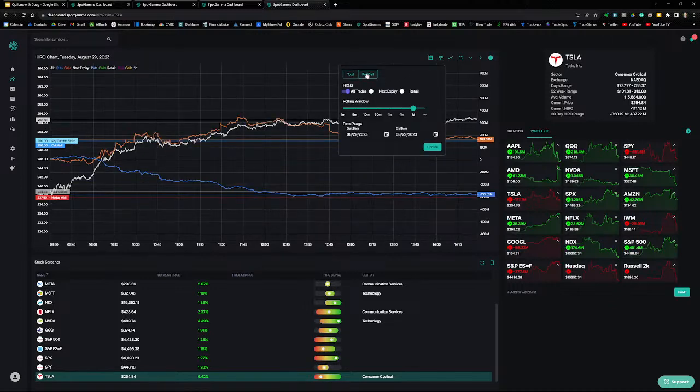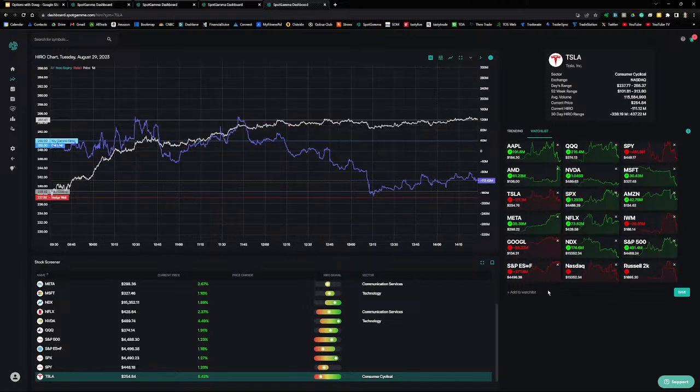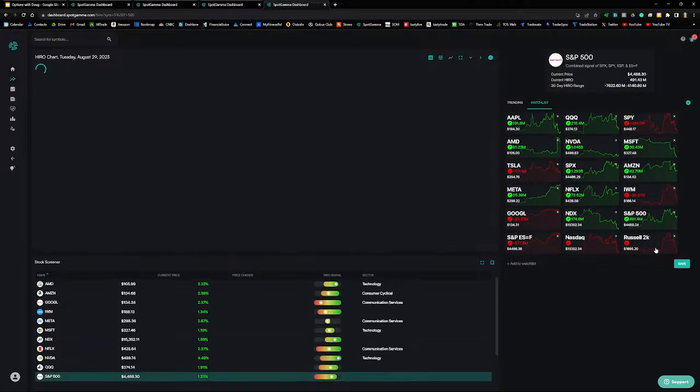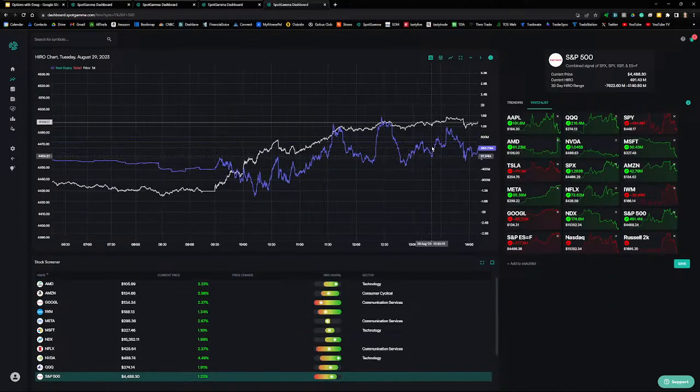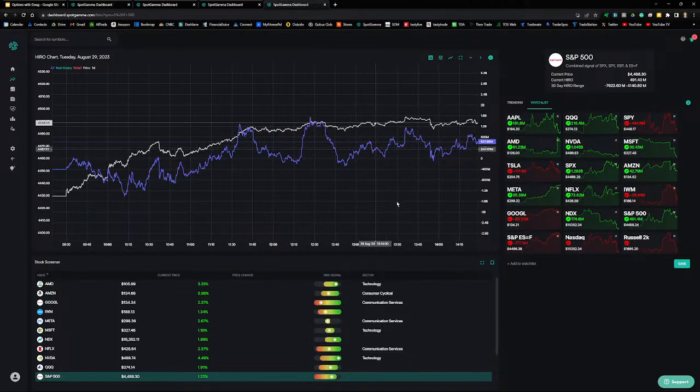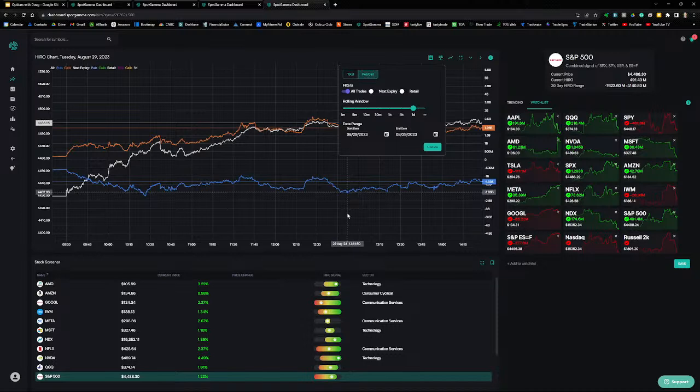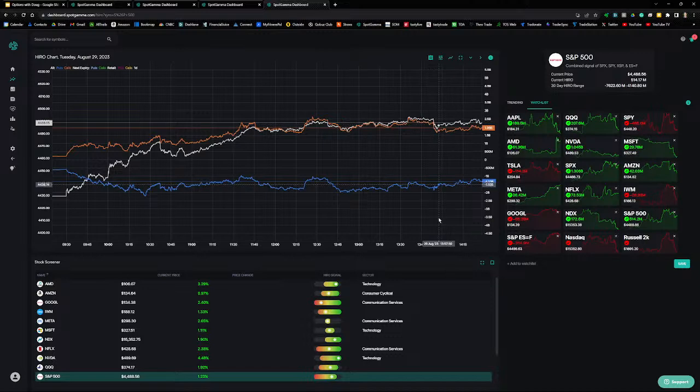Call buyers, also put buyers. All right, let's check on the S&P 500 and NASDAQ now. S&P 500. All right, traders still buying calls, also buying puts.